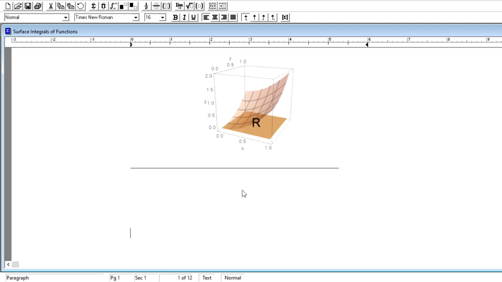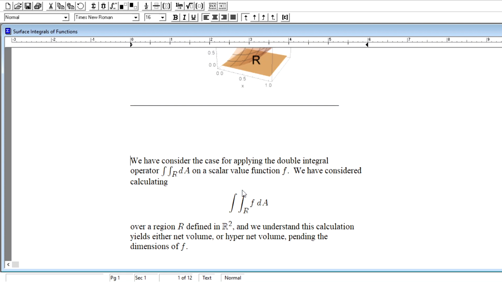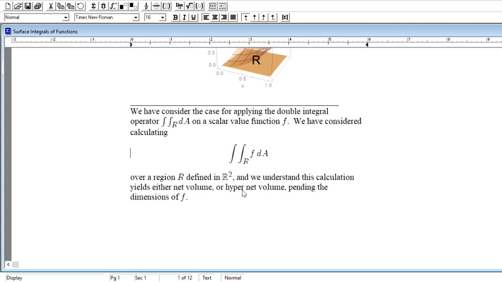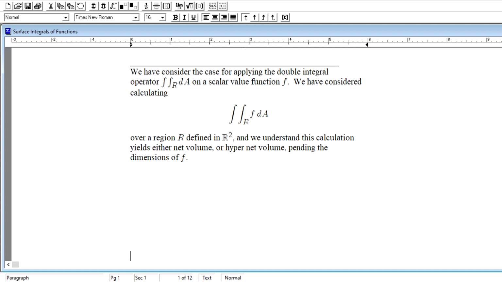Now that we've introduced surface integrals, we can start to consider the case of a surface integral applied to a function. We have considered applying the surface integral operator before, when we applied the double integral operator on a scalar valued function.